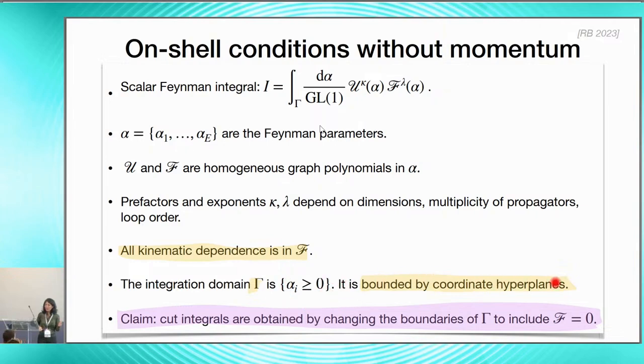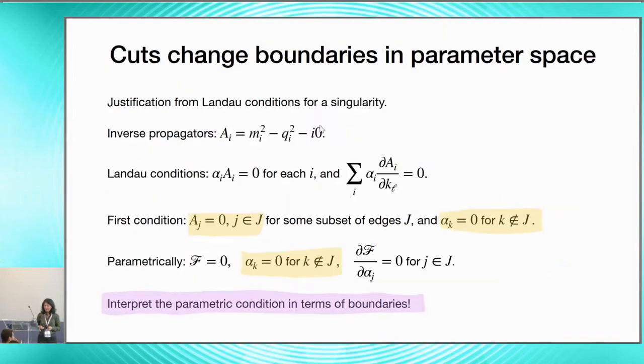The justification for this idea comes from the Landau conditions. I wouldn't say this is quite a proof yet, but you can make a cleaner argument based on discontinuities in different kinematic regions. The Landau conditions are what led us to be looking at cuts in the first place.